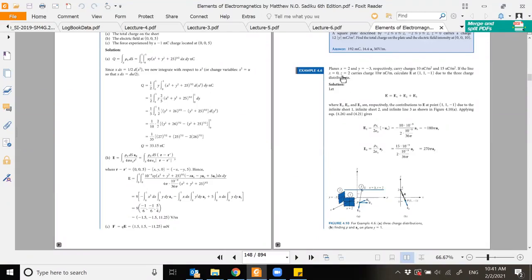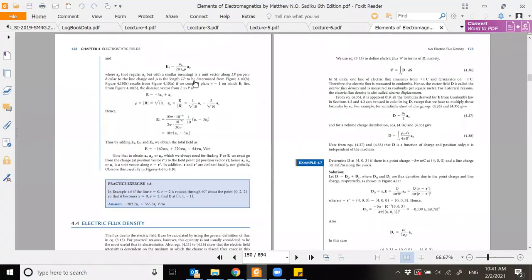It is now placed at x equals 0 and z equals 2, so it is on top of the xy plane. In such a case, how can you find rho? This example very nicely explains how you find rho.